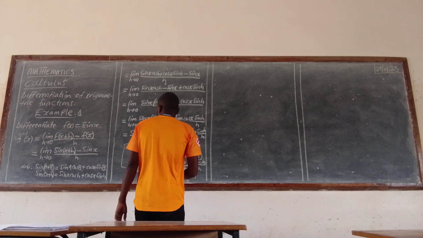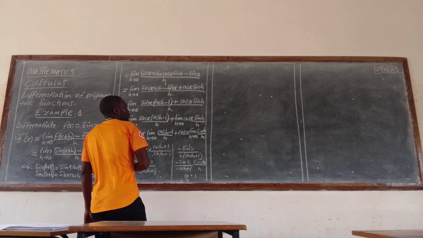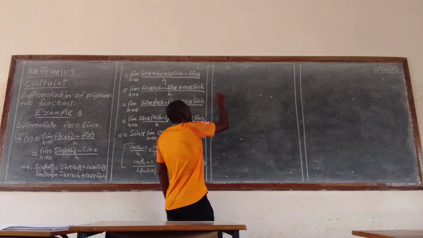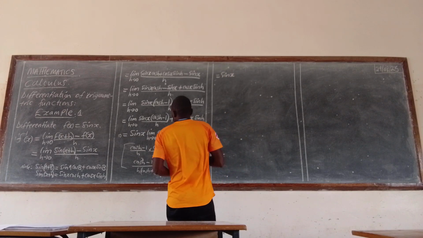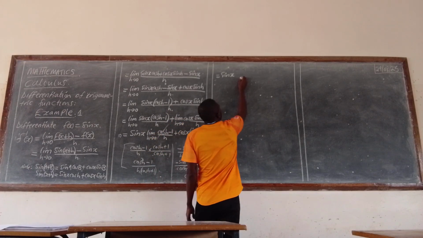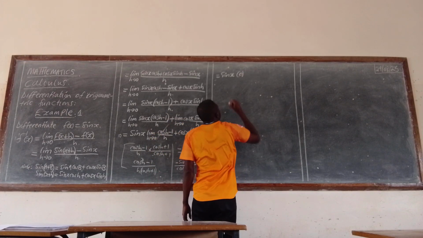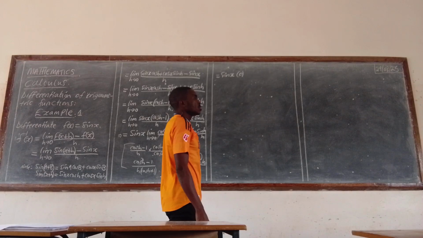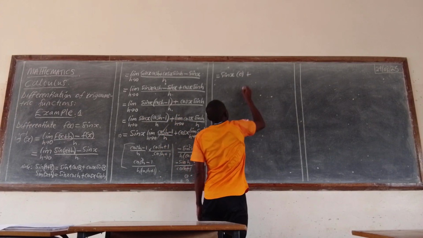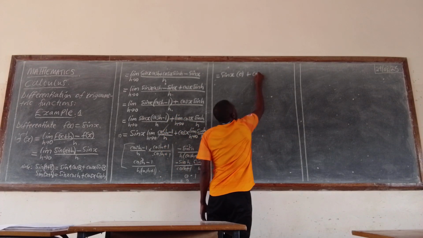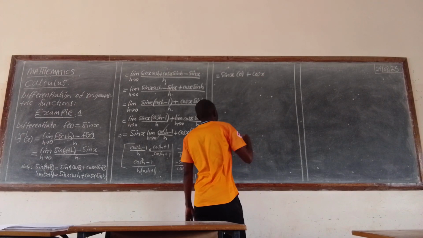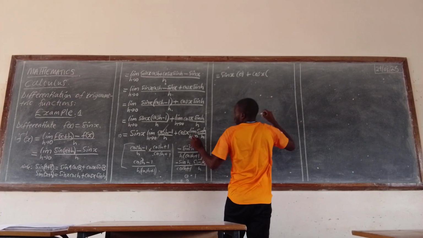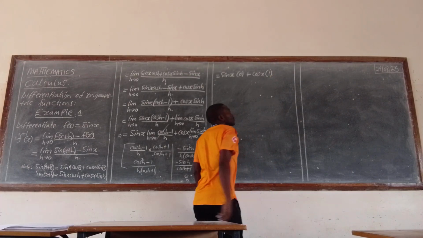So now, from this stage, we're going to say sin x, and this one gives us a 0, then plus cos x, then we have a 1.